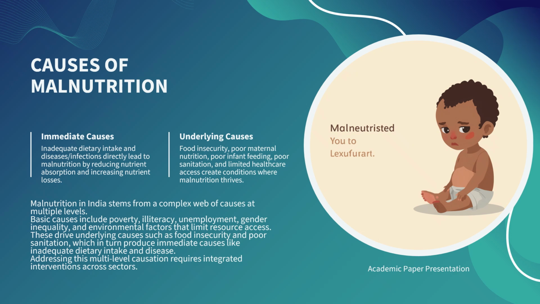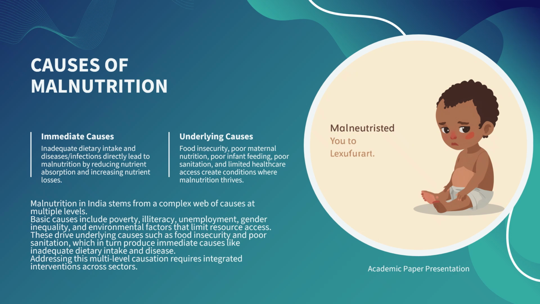Malnutrition in India stems from a complex web of causes at multiple levels. Basic causes include poverty, illiteracy, unemployment, gender inequality, and also environmental factors that limit resource access. These drive underlying causes such as food insecurity and poor sanitation, which in turn produce immediate causes like inadequate dietary intake and diseases.